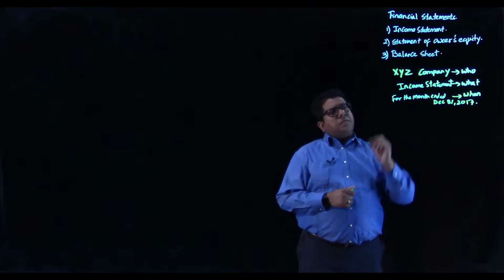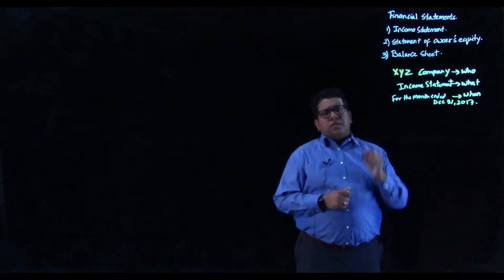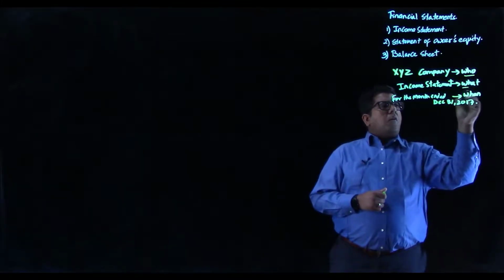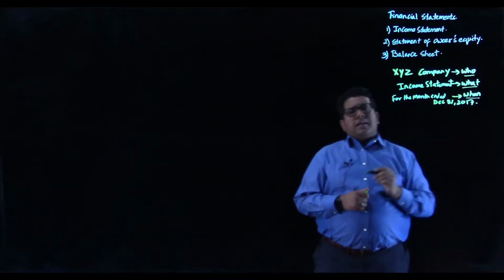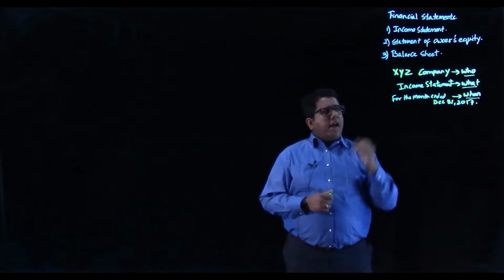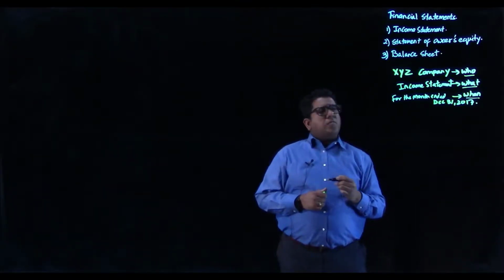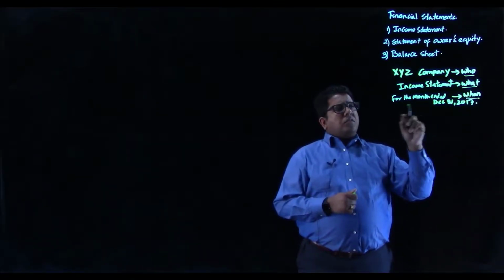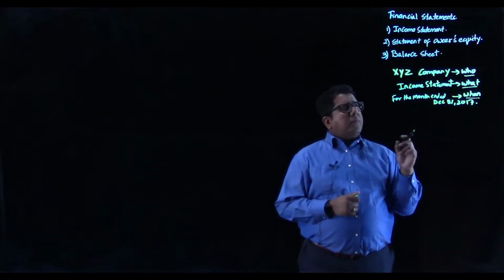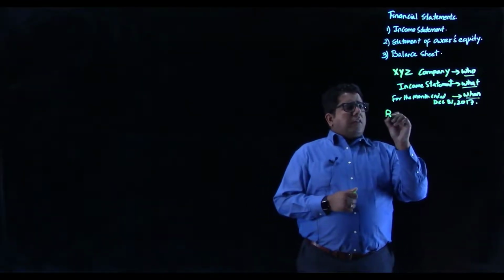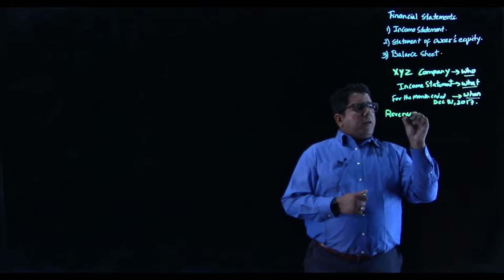This is the format when you start an income statement. You always write who, what, and when: the company, what type of statement, and the date. One of the most important aspects is to mention that this is for the month ended December 31st, 2017.